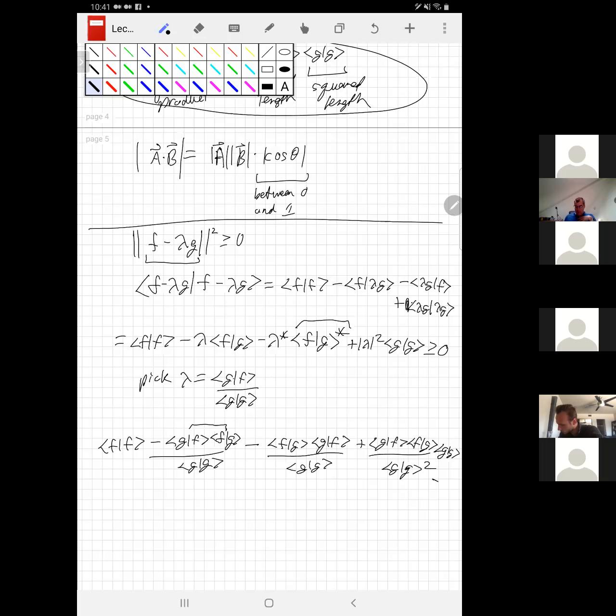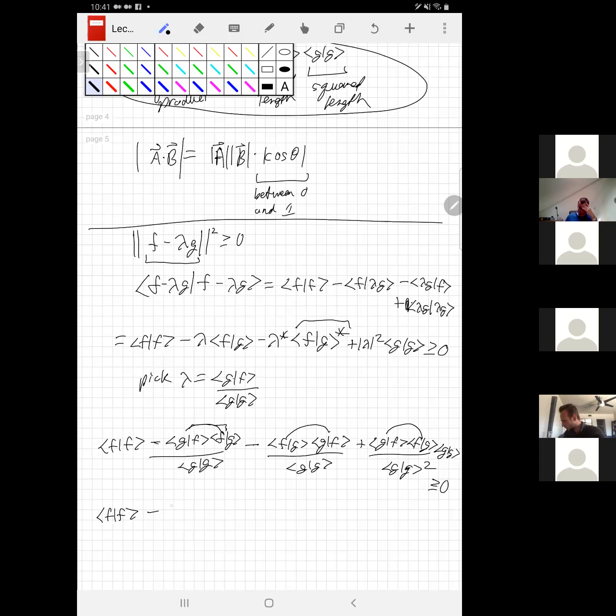Well, all of this is greater than or equal to 0. It looks to me like we have three terms that are, if not exactly the same, at least very similar. Actually, they are the same thing, except with different signs. GF and FG, these two things are the complex conjugates of each other. These two are also the complex conjugates of each other. These are also the complex conjugates of each other. So in each case, other than the first term, we've got minus, minus, plus.